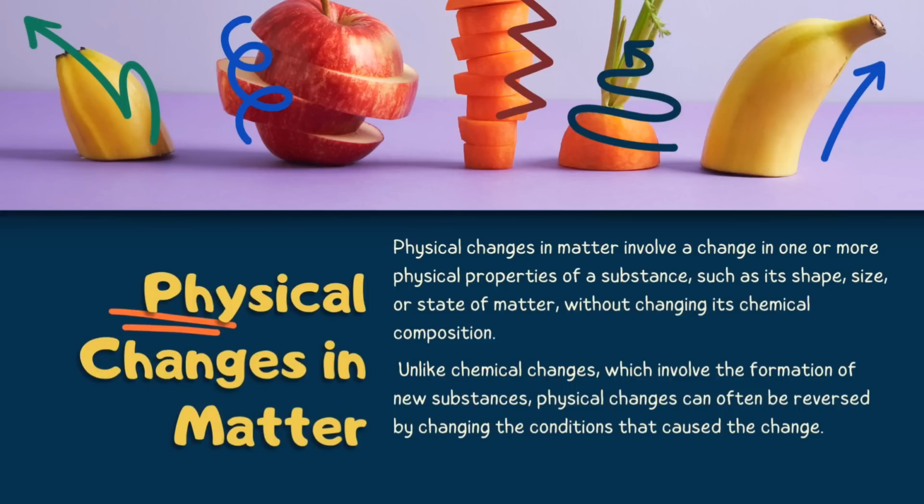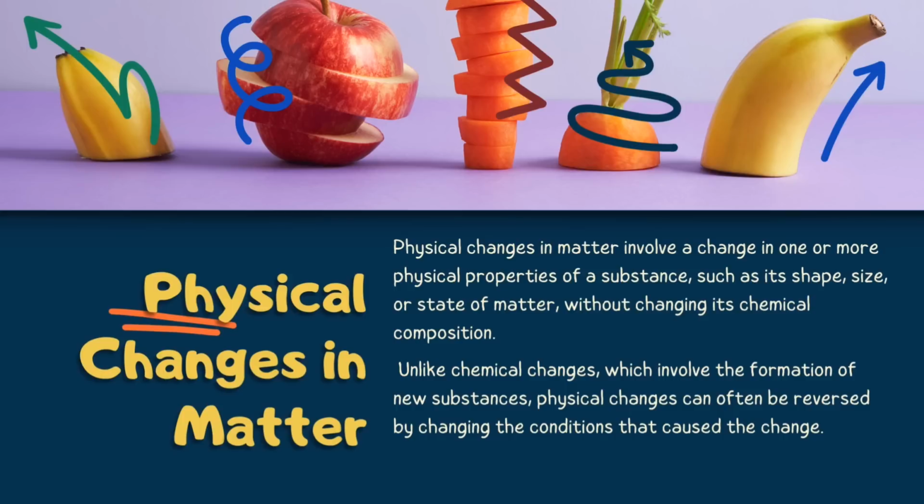Meaning to say, ang nagbabago lang ay yung, kumbaga, appearance lang niya, no? Body composition lang. Pero yung chemical composition, for example, ng food, for example, yung banana, no? Hinati natin siya. Chinop natin siya into several pieces, no?